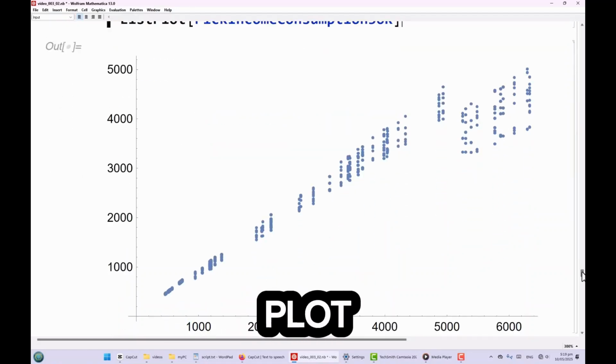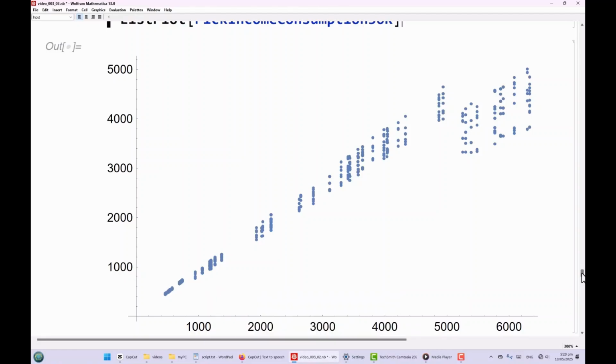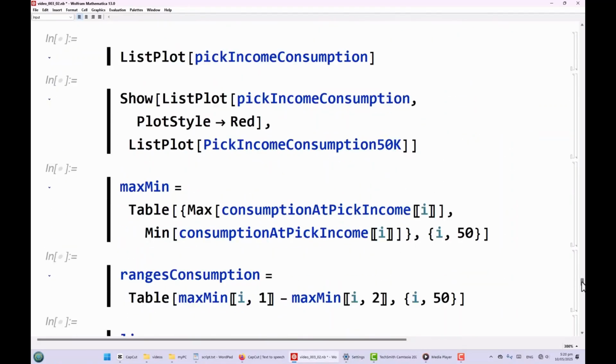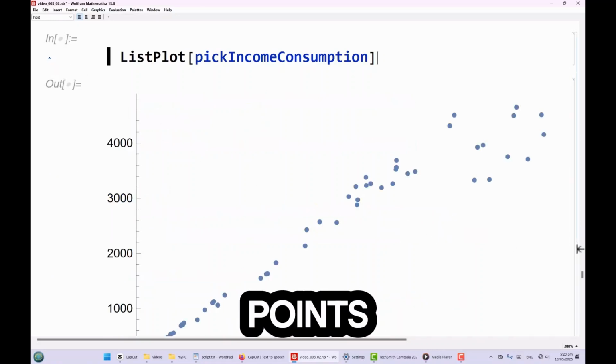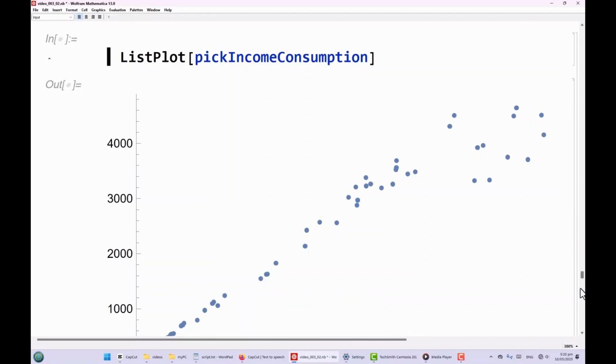This is the scatter plot of 540 additional points stacked upon same 50 income levels selected. Compare it with this plot of earlier 50 points. They are also included in the above 590 points plot.